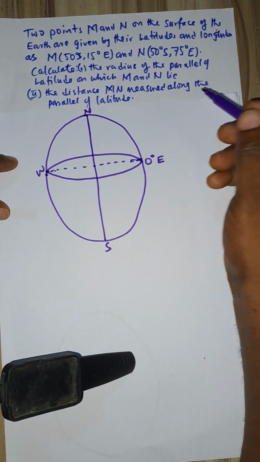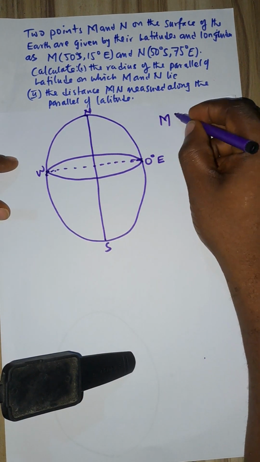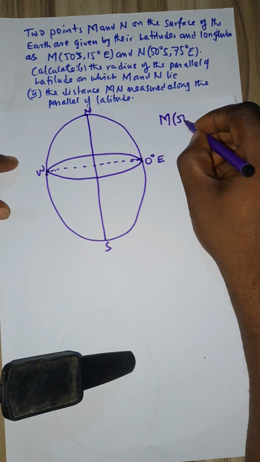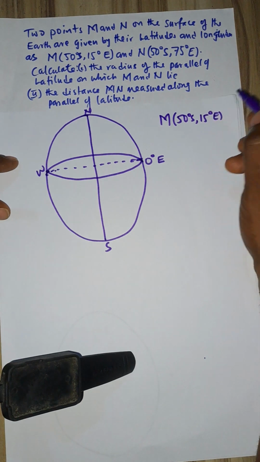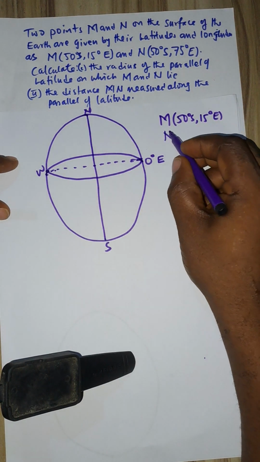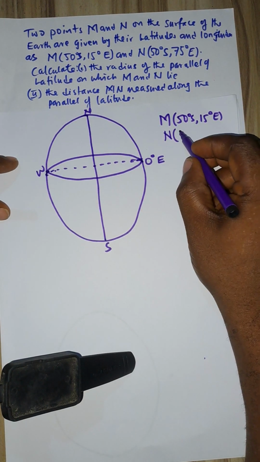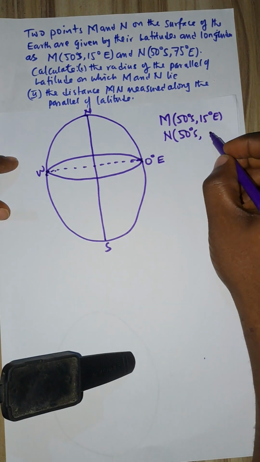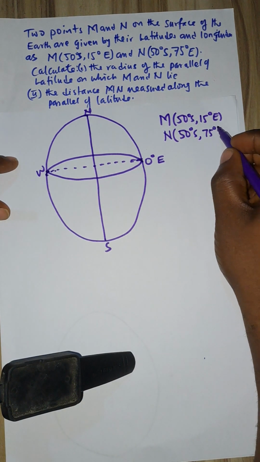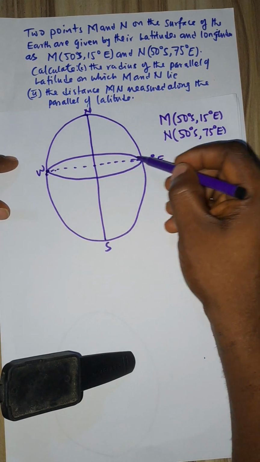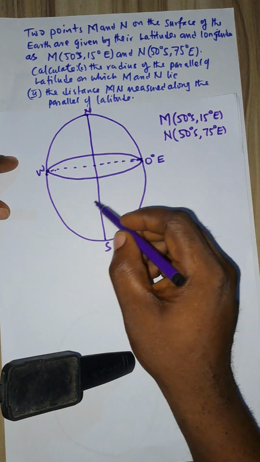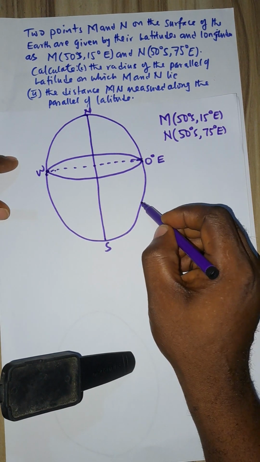Now, the coordinate of M is 50 degrees south and 15 degrees east. N is 50 degrees south and 75 degrees east. Okay, so this 50 degrees we measure from 0.